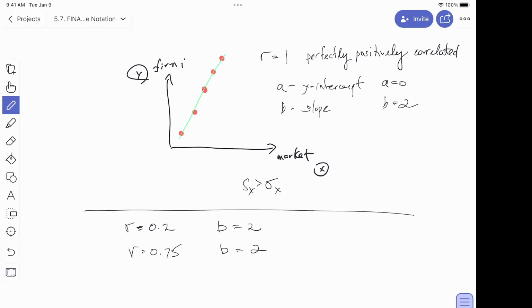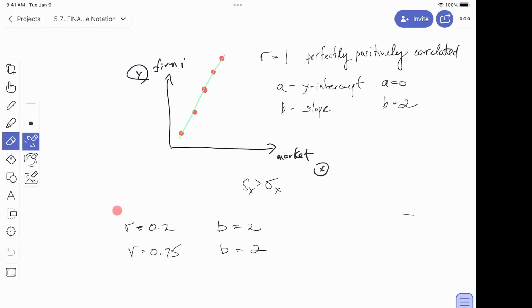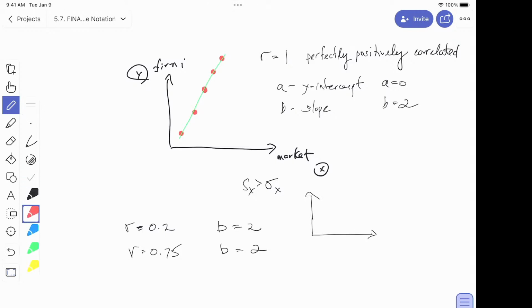So if I have data, let me draw what an R looks like.